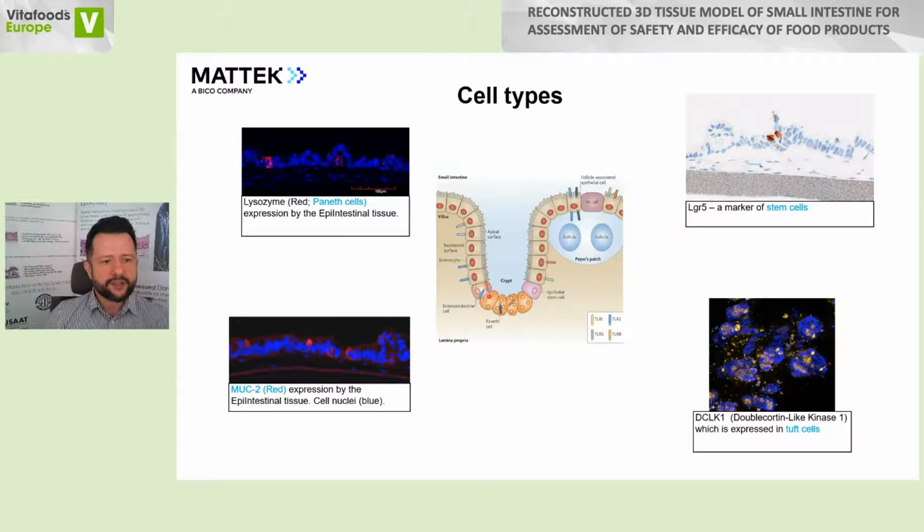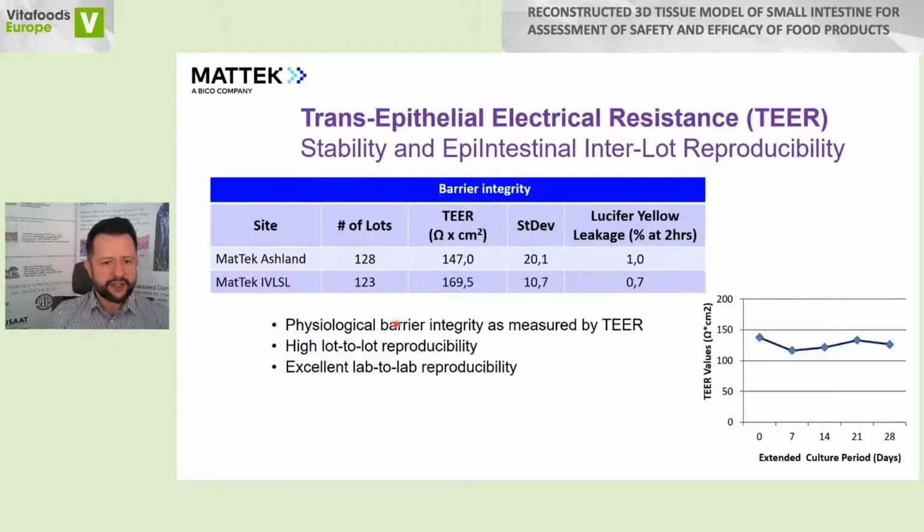There are some other cell types, such as Paneth cells, stem cells, LGR5 positive ones, Tuft cells, cells producing mucus, and other types of cells. We have evidence for most of these cells being present. To be honest, the ratio of these compared to enterocytes is not exactly the same as in normal tissue, but they are present there, so their functions can be studied.